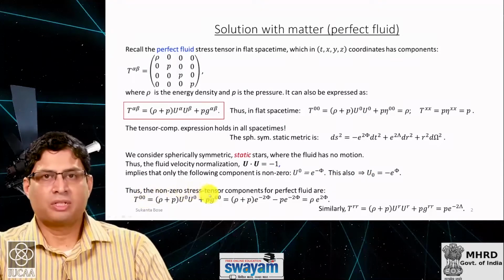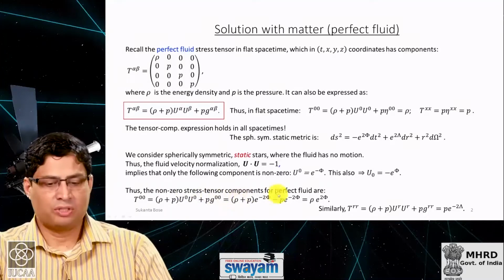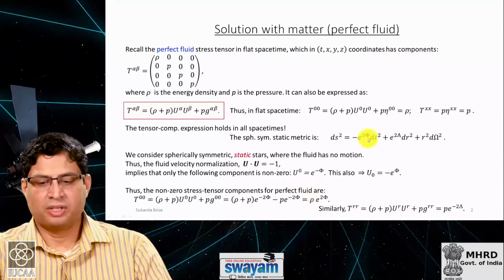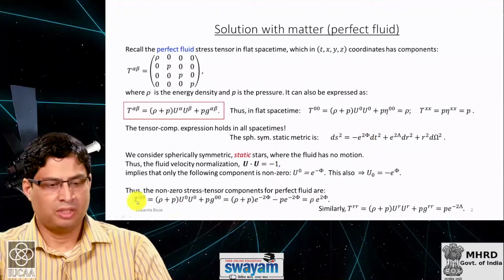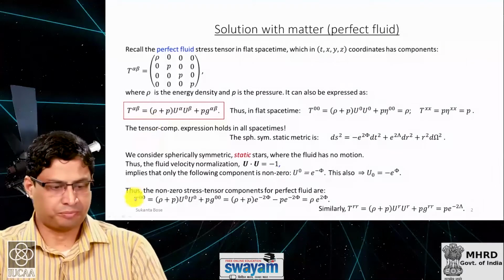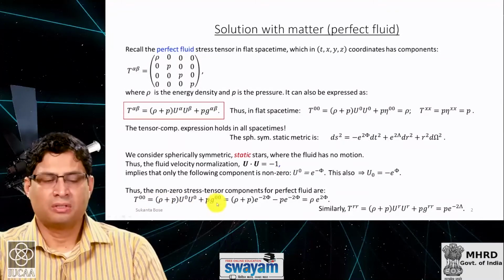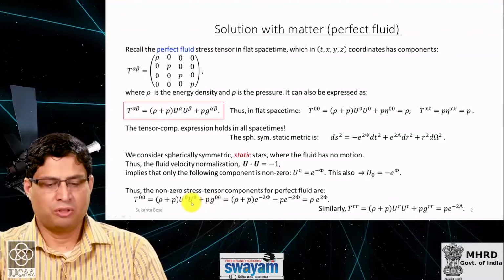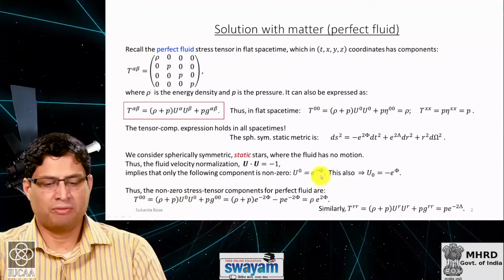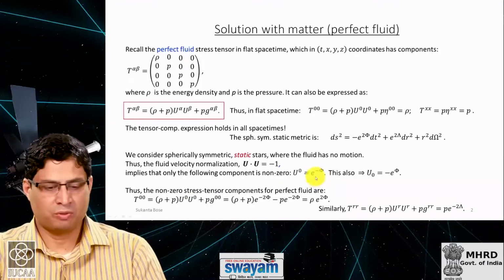Thus, the non-zero stress tensor components for a perfect fluid in the spherically symmetric static geometry will be, again using the red box, T^00 is equal to (rho plus p) u^0 squared plus p times g^00. But u^0 we have worked out is e to the -phi, so u^0 squared will be the square of that.